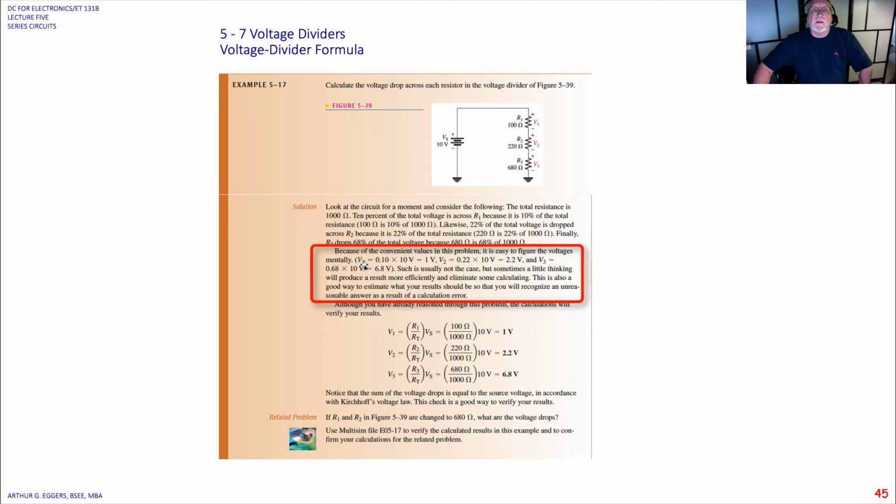So V1 would have to be 0.1, or 1/10, of 10 volts, 1 volt. V2, 22 hundredths of 10 volts, 2.2 volts. And V3, 68 hundredths of 10 volts, or 6.8 volts.